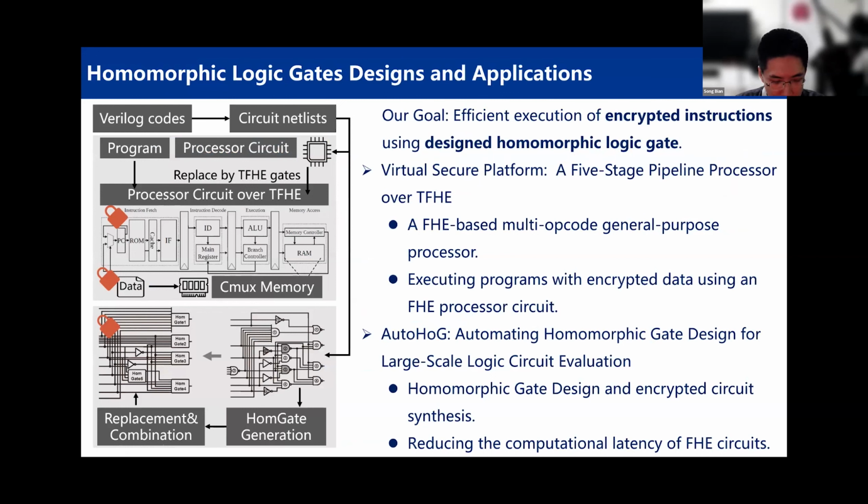After we completed this processor work, it was published in USENIX Security 2021, I think. And then I think there's a lot to be desired in designing processors over FHE, because our design was really a trivial and simple adaptation of existing processor architectures. And there are many more things that we can explore.